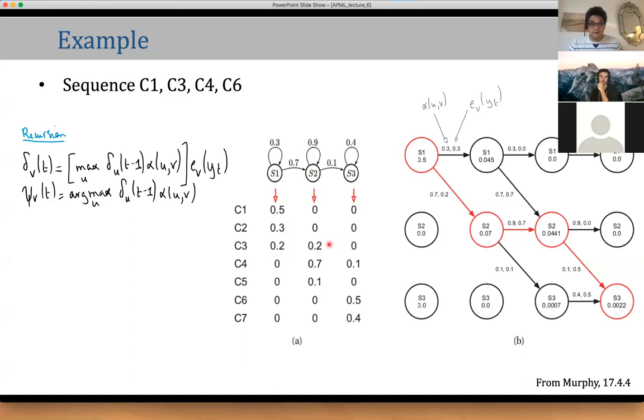There is a typo, I didn't check. Or maybe I made a typo here, it's C2. No, it has to be C3. So there is a typo here, it should be 0.2. Okay, this is the probability of observing the value.